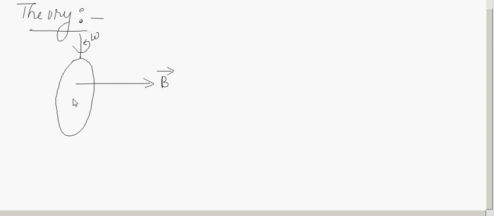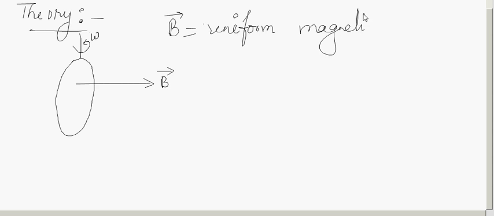The coil is rotated in a uniform magnetic field B. So B is the uniform magnetic field.